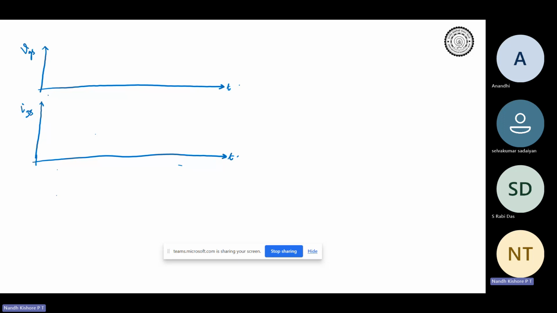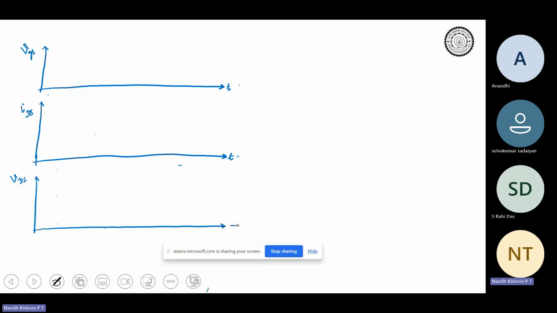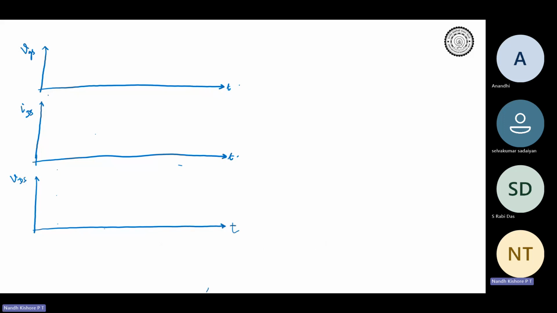So this is your IDS and this is your VDS. As we were talking, your VGS would start increasing from VEE.